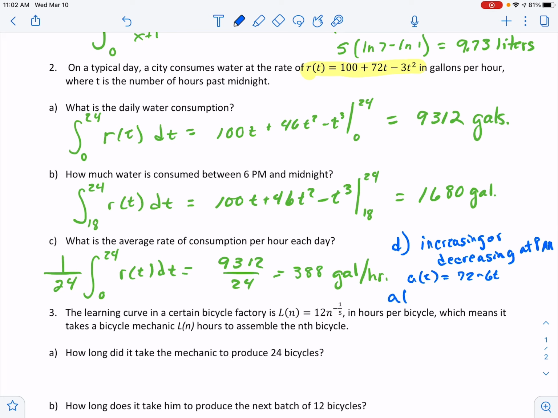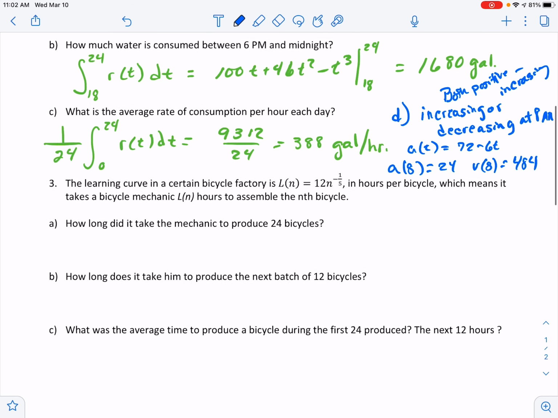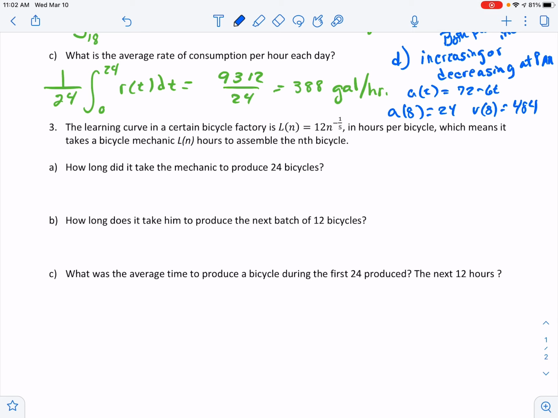So A of 8 equals 24. V of 8 equals 484. Since they're both positive, it's increasing.